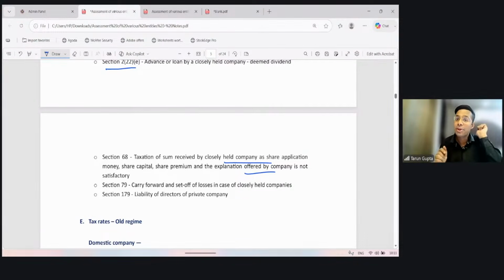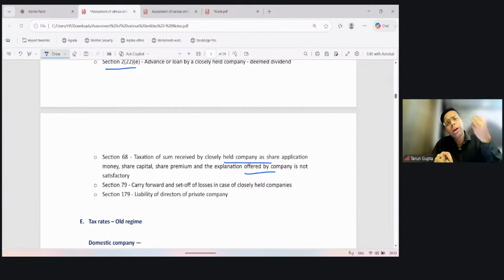Okay. Section 79. Carry forward and set off of loss in case of closely held company. If there's a change in shareholding, then Section 79 restricts the carry forward of losses. But such provision is applicable only in case of closely held company. Then Section 179, the liability of a director in case of a closely held company.